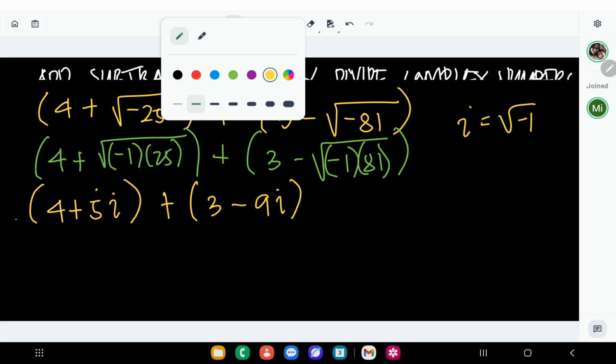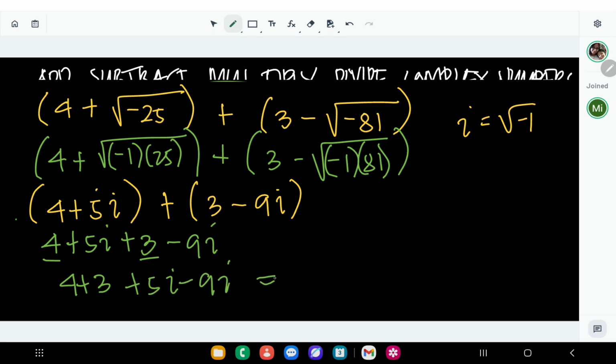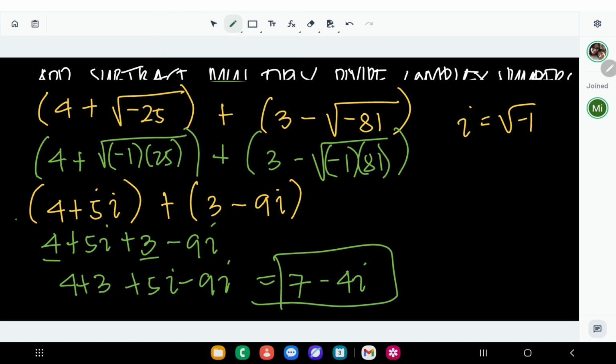Now we can simplify. We get rid of the parentheses, so this is just 4 plus 5i plus 3 minus 9i. Then we group like terms, so this is 4 plus 3 plus 5i minus 9i. So this is just 7 minus 4i. So that is our final answer.